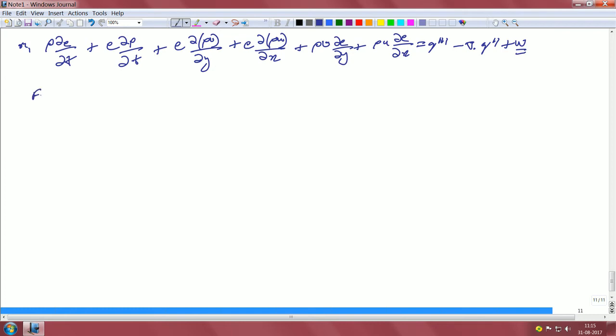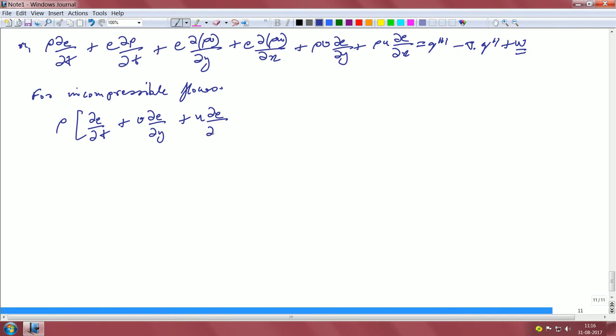Now, if the flow is incompressible, that is what our main conjecture was, and I said that most of the course will be on incompressible flows. For incompressible flows, that is the expression that you get.